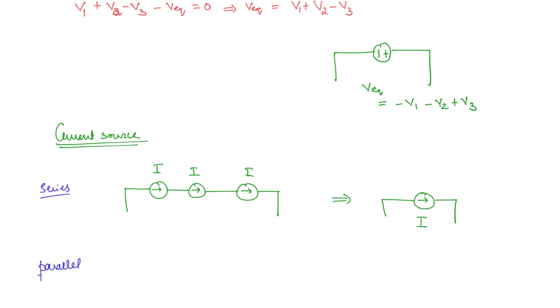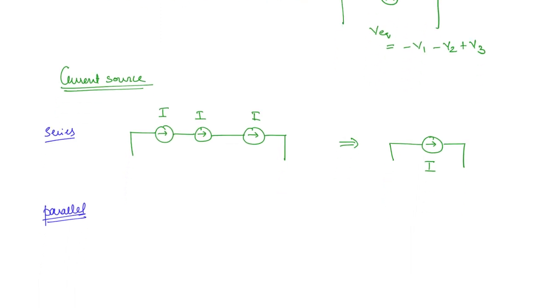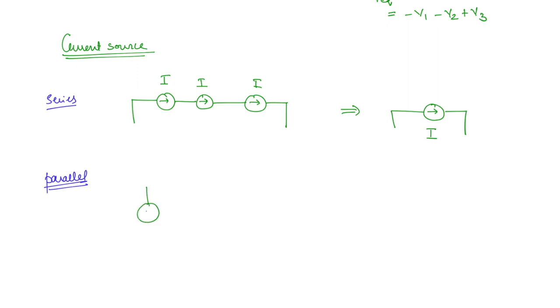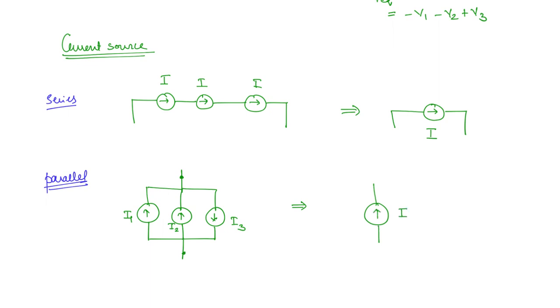In a parallel connection, what is going to happen? Here the currents are going to get added up. Let us take three current sources, I1, I2 and I3. You can take more than three as well. Now, how will you replace them with an equivalent current source? Here also you should take care of the arrow.